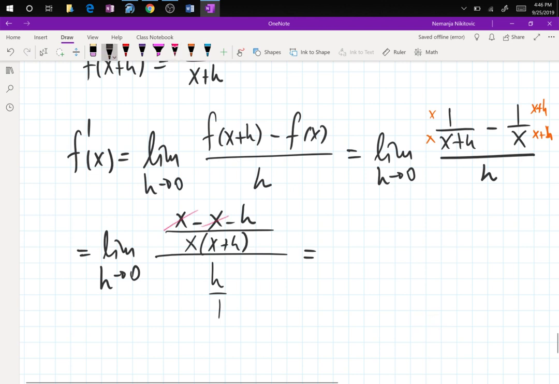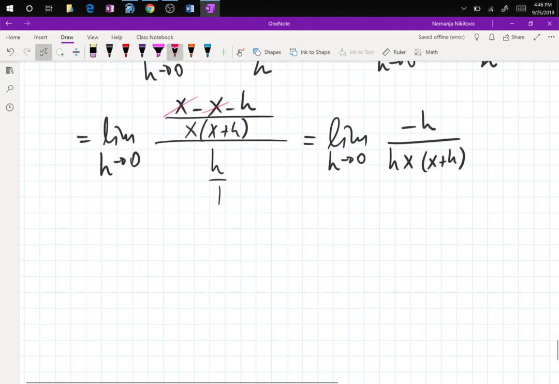Cancel these x's. Deal with the double fraction where 1 multiplies negative h for negative h in the numerator, and then we have h times x plus h in the denominator when the two middle ones multiply. So whichever way you like to solve a double fraction, it doesn't matter. h cancels h, and now we don't have the 0 in the denominator anymore.